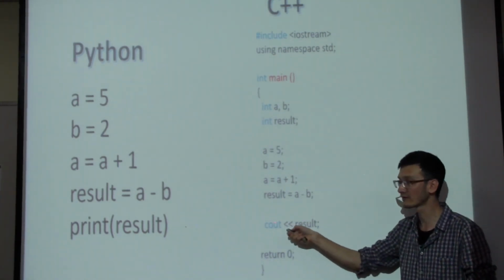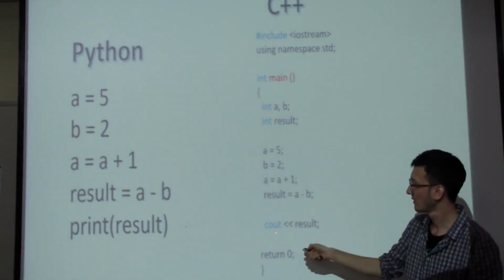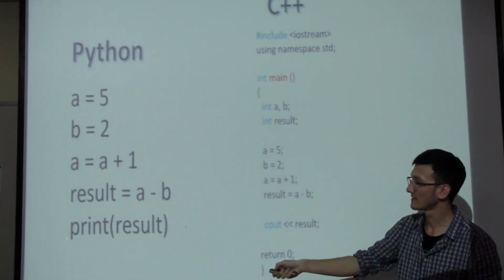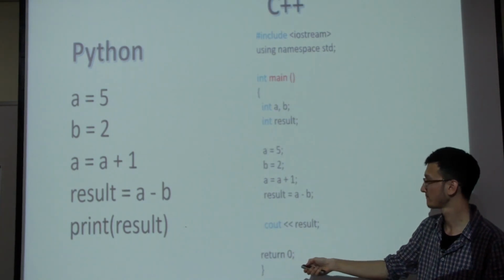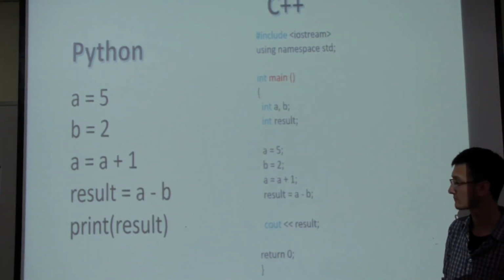And cout, this is a command similar to print. Cout result. Instead of the commas, we use these symbols.